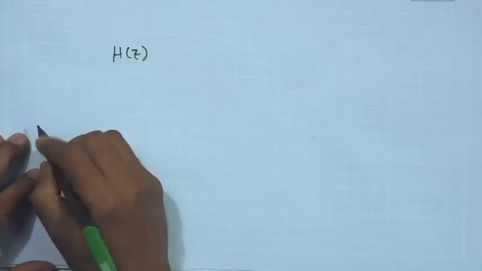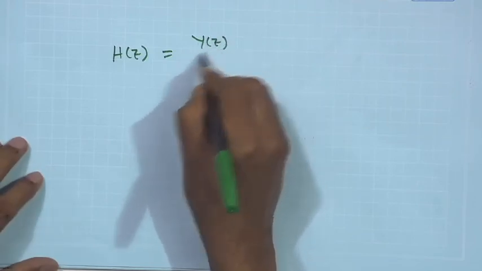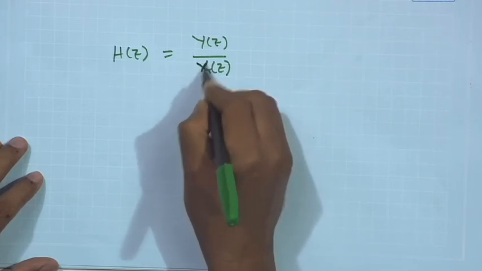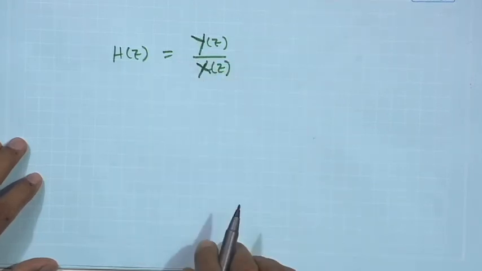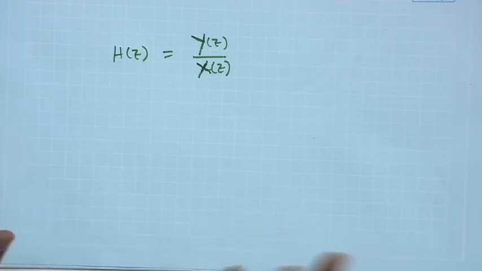So, next is the digital filter. This is the last portion of the DSP review. Forget about the filter, take any transfer function, say H(z). You know the Z transform. H(z) is nothing but the output Y(z) divided by the input X(z), capital Y over capital X. Y(z) by X(z) is the transfer function H(z).